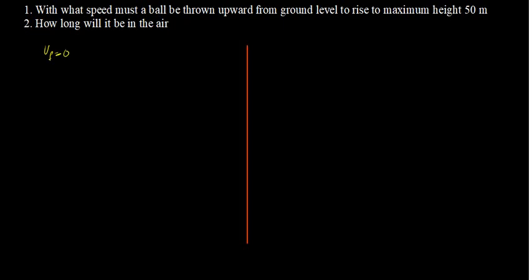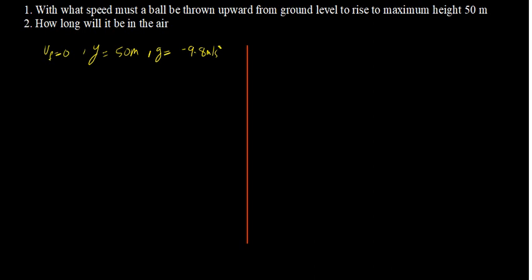The maximum height it will reach is 50 meters, and the acceleration is the gravity acceleration, because gravity is the only force acting on this object, and it will be negative 9.8 meters per second squared, because the negative represents the direction of the gravity acceleration.